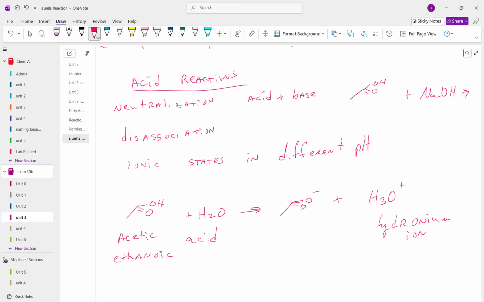So basically, this guy and that guy form that. Strong acids dissociate 100%. Weak acids are less than 100%. All organic acids are weak acids. The only strong acid we have in our body is in our stomach. That's hydrochloric acid. Other than that, everything is weak.